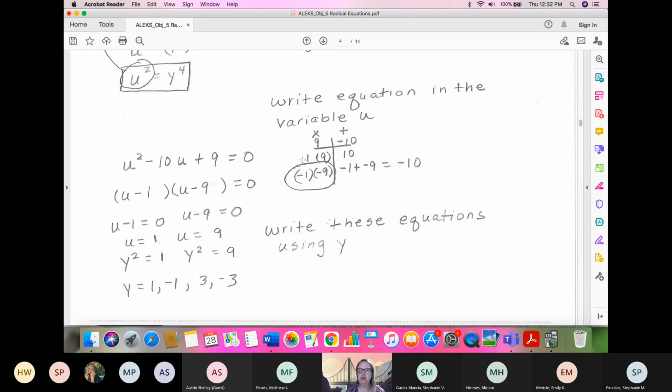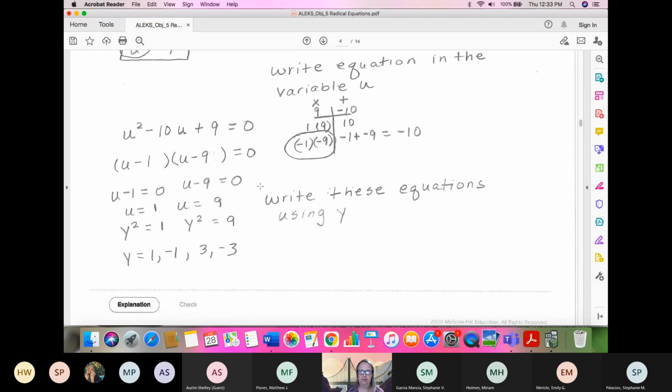So what we do is we just change the signs. So this is positive 1, it becomes negative 1. This is positive 9, it becomes negative 9. If we add negative 1 plus negative 9, we get negative 10, which is indeed what we want. So we're going to put u in the first position here and here. We're going to put minus 1 here, and then the minus 9 here equals 0.